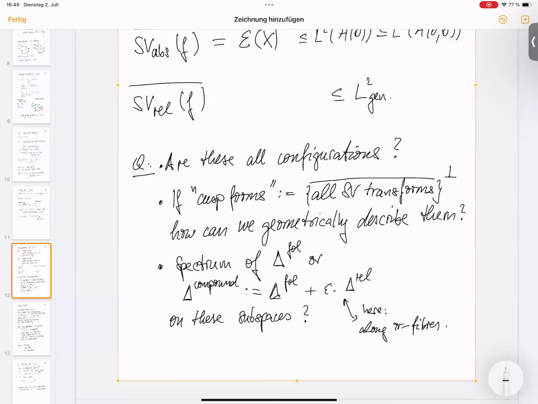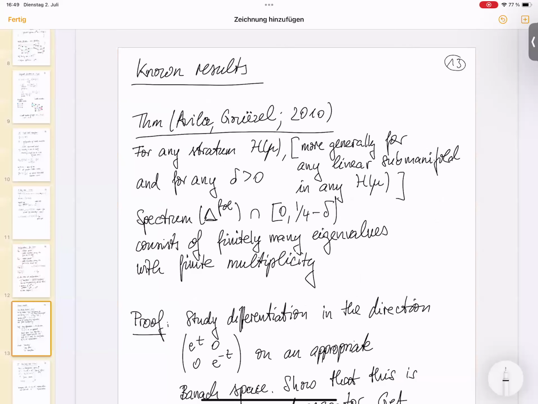Before I answer these questions, let me summarize the known results. There's basically one result for general strata. There are quite some results for Teichmuller curves. I should also mention that Claire with Amos Neveu, René Rühr, and Barak Weiss have something in that direction and interpret at least the case of one-dimensional strata.